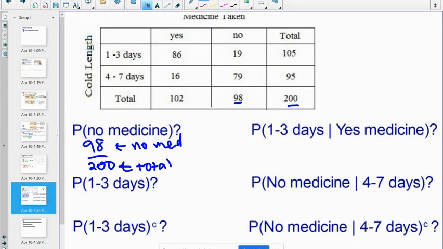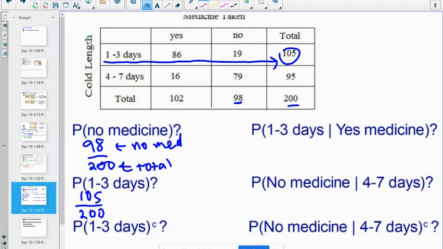You're going to want to simplify that, but for the sake of time in the video, I trust that you know how to simplify it. I'm just going to continue moving forward. So the probability of the cold length being 1 to 3 days. I'm going to go over here and draw an arrow. 105 over our total.